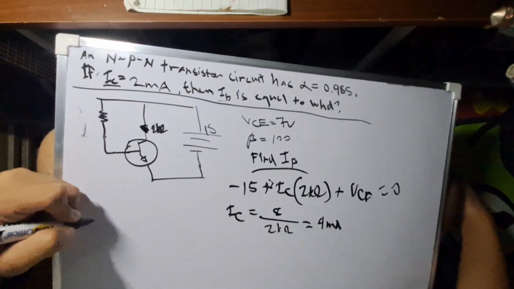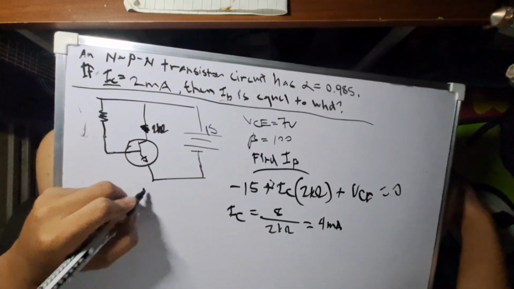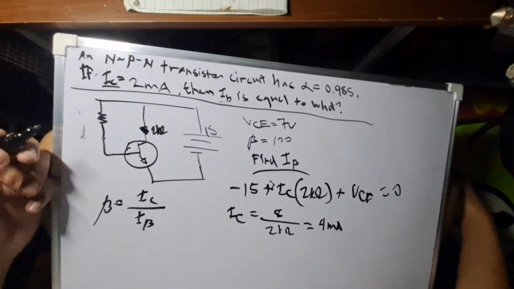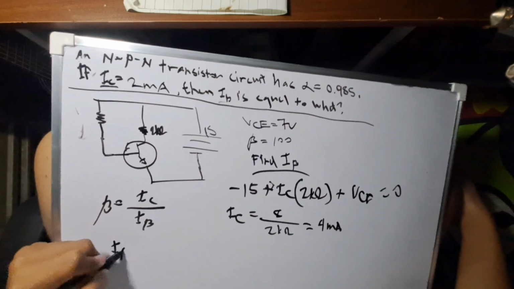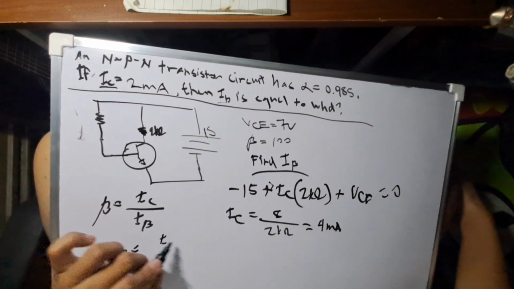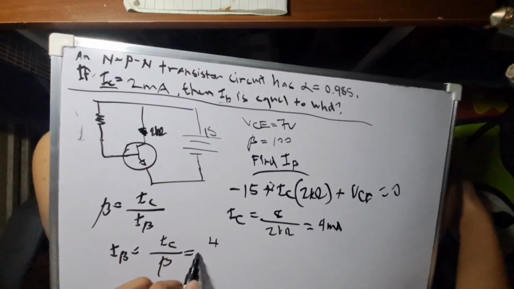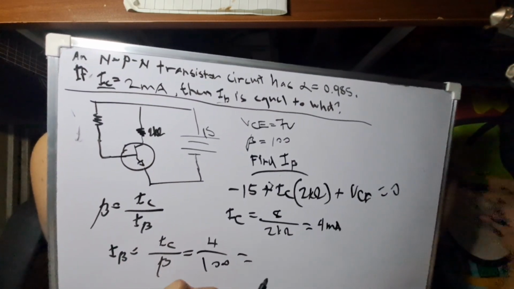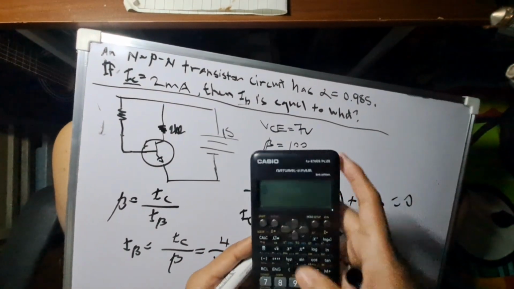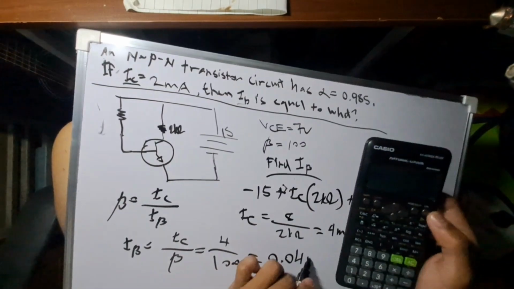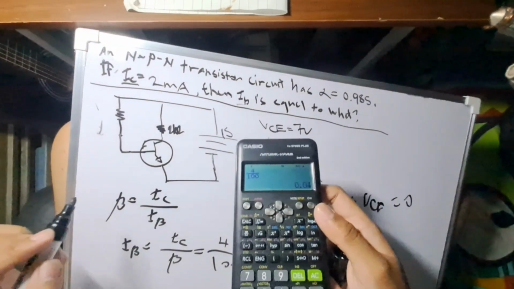We have beta. Beta is equals to IC over IB. Ang kanina, IB is IC over beta. So paulit-ulit lang. 4 over 100 giving us 0.04 milliamperes.